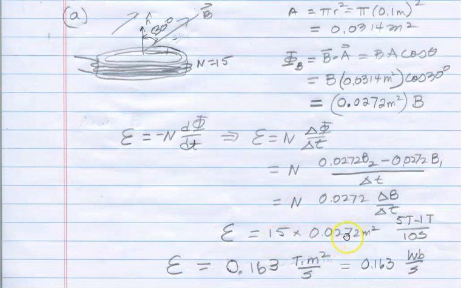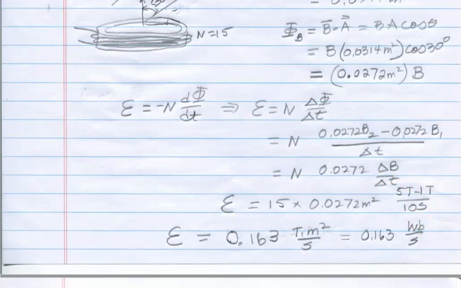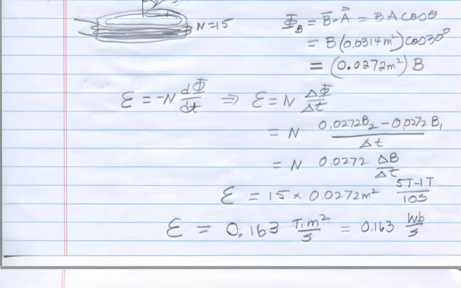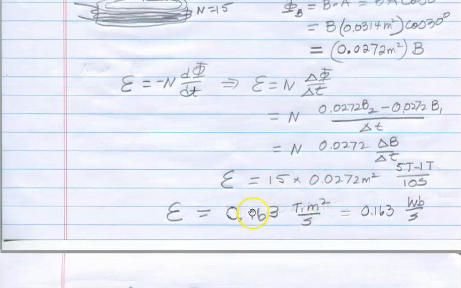The area was this. And delta B, the final was 5 Tesla. The beginning was 1 Tesla, and it did that in 10 seconds. So the time interval delta t was 10 seconds. If I carry through the units and work through this, do all the arithmetic, I get that the EMF is 0.163.